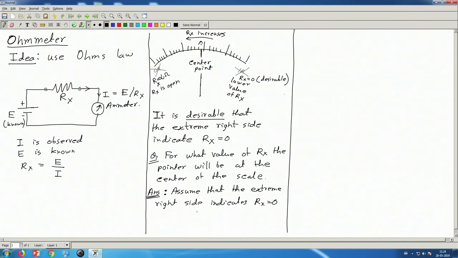If so, then what will be the value of the resistance for which the pointer will be at the center? Let me draw this circuit once again with a bit more detail.